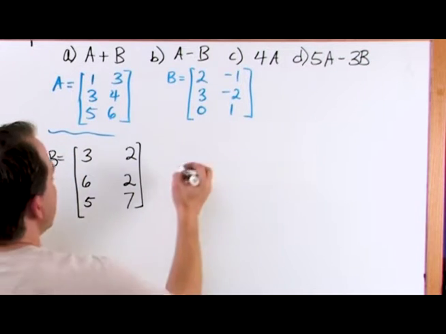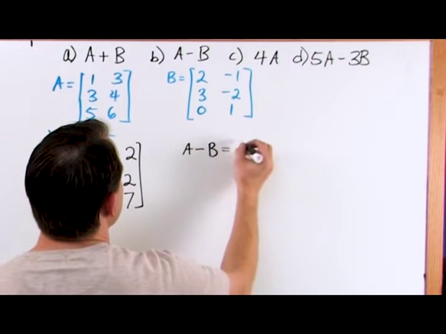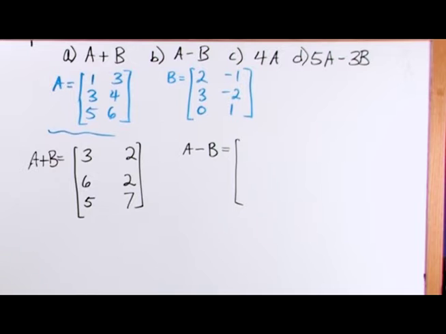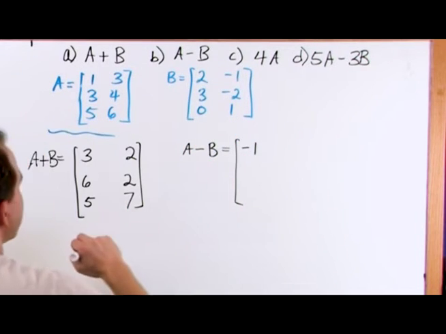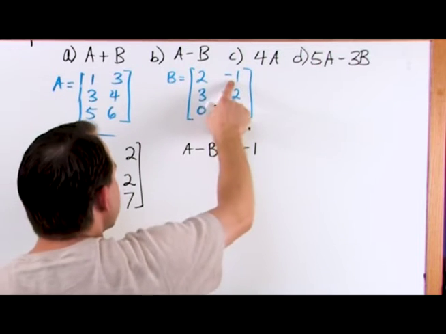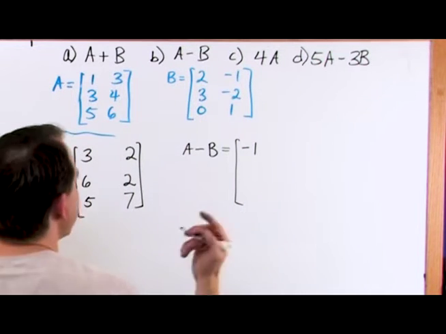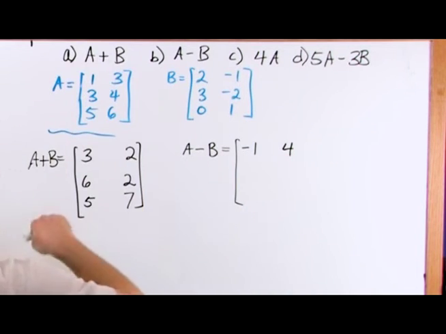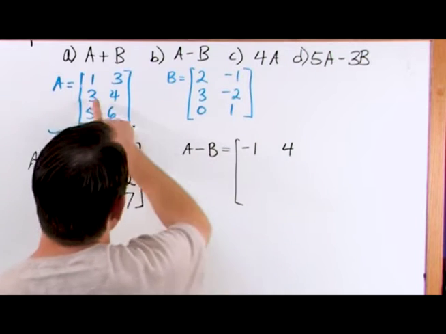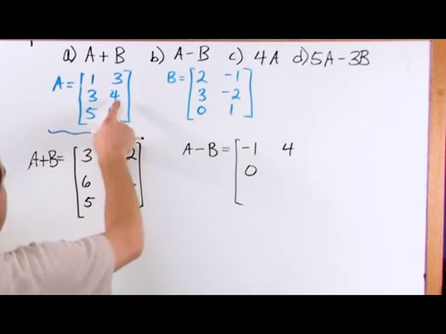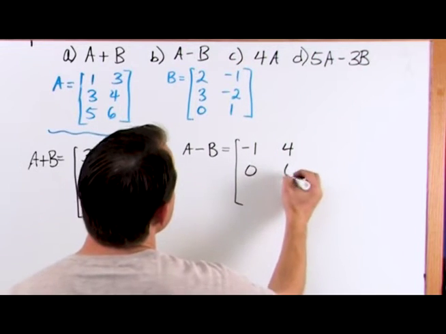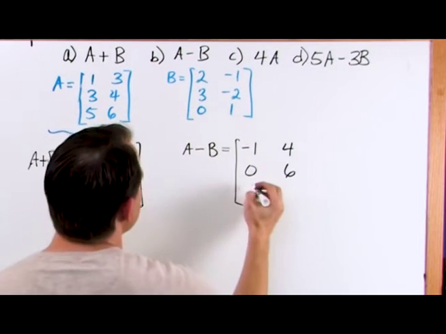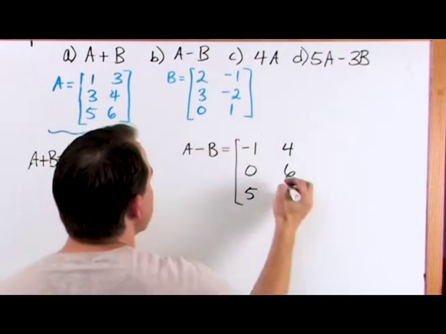Now let's find A minus B. Again, we start with the matrix A and subtract the elements of matrix B. We start with the first element: 1 minus 2 gives us -1, so we write that in that position. 3 minus -1 is 3 plus 1, which is 4. 3 minus 3 is 0. 4 minus -2, which is 4 plus 2, gives you 6. 5 minus 0 gives me 5. 6 minus 1 gives me 5.